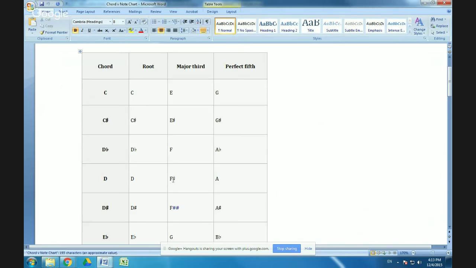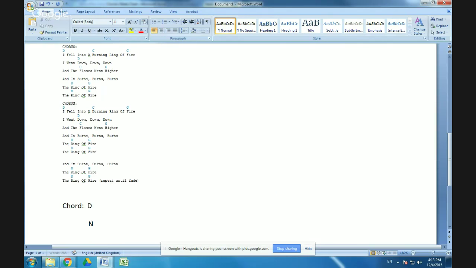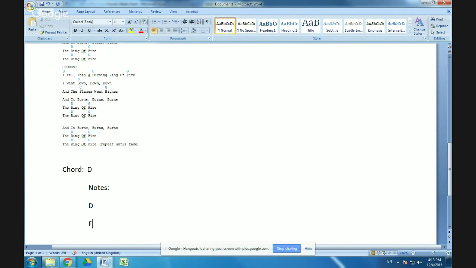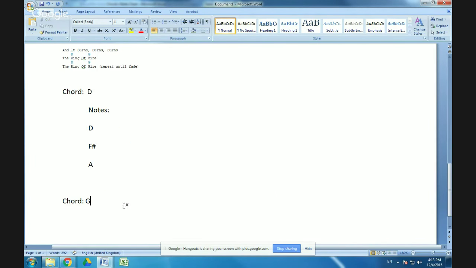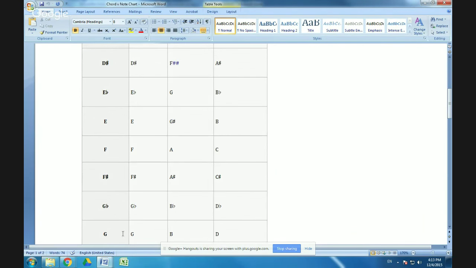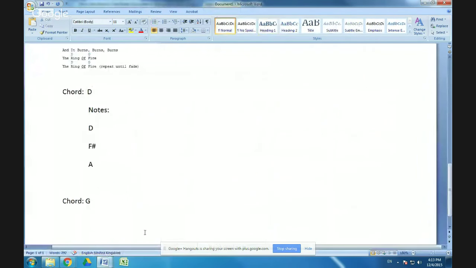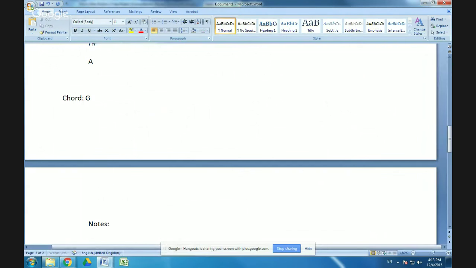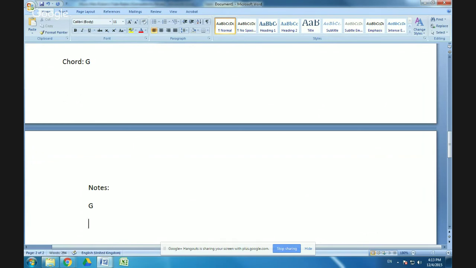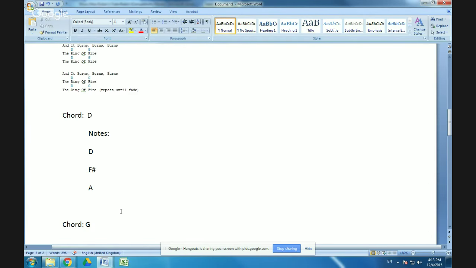In the packet I gave you, D is D, F sharp, and A. G is made up of G, B, and D.